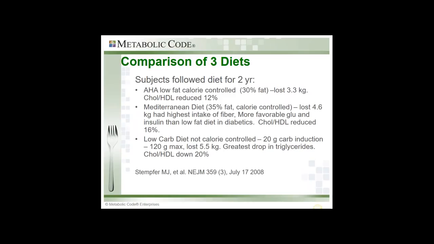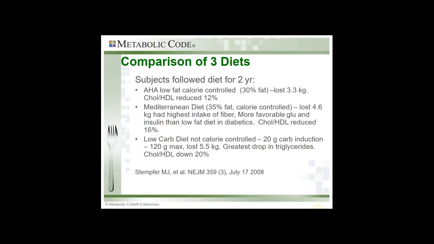They point that out, I guess, because on that diet, with a little higher fat and maybe a little lower carb, there was a more favorable glucose and insulin response than on the low-fat diet, especially in diabetics. And the cholesterol to HDL ratio was reduced more on that.